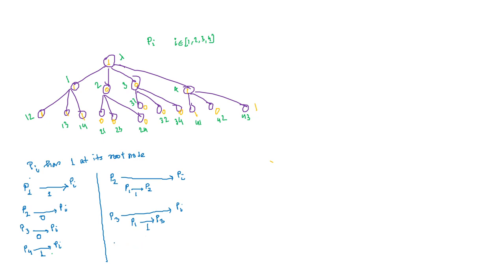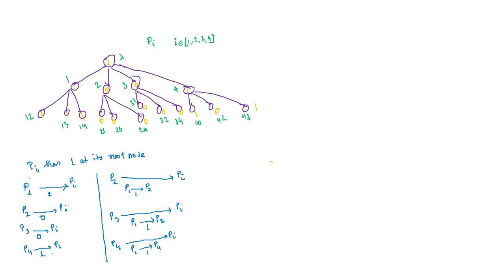Also, P4 tells P1 that P1 in the previous round told P4 that its root node value is 1, right? From this node we can say.